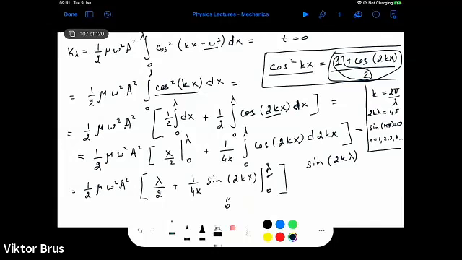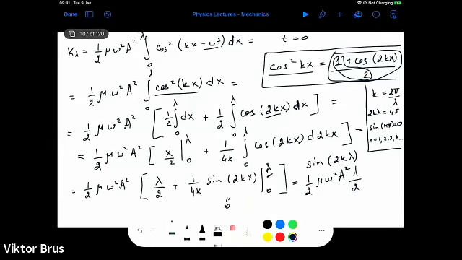And eventually we will get, let's write it here and then we will rewrite it. So it will be 1 over 2 mu omega square times a square times lambda divided by 2.